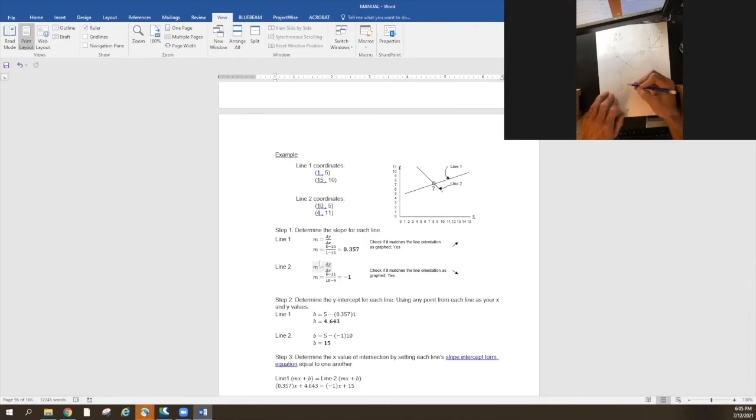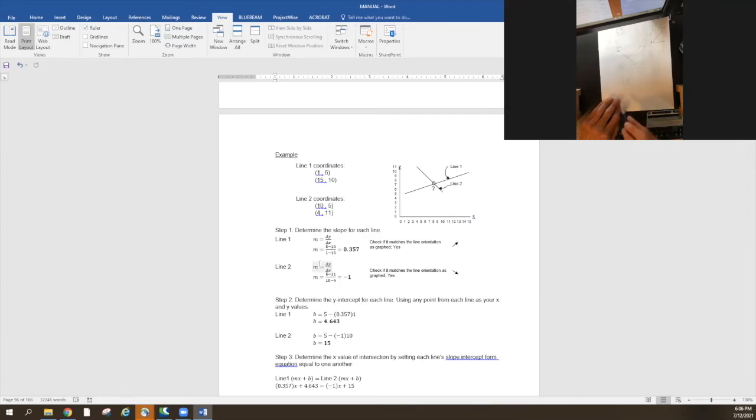I kept these correlated with the point. What I mean by that is I didn't flip it around. I didn't say 5 minus 10 divided by 15 minus 1. Okay. If I choose point 1 to be the first number in my y, I better be choosing point 1 to be the first number in my x.